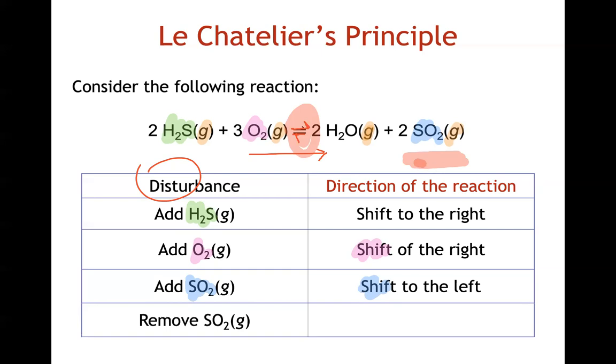Which way would you expect equilibrium to shift if instead of adding something, you're removing something? Correct. Equilibrium will tend to shift to the right to form more product, right? So it's always going to move in the direction opposing the change. If you remove product, equilibrium will shift to form more product, so that it can re-establish equilibrium.